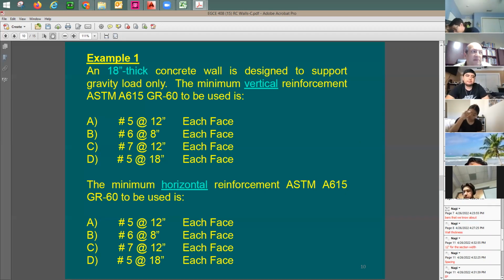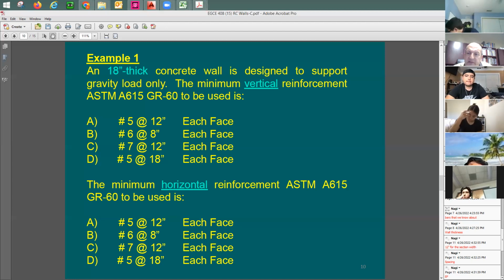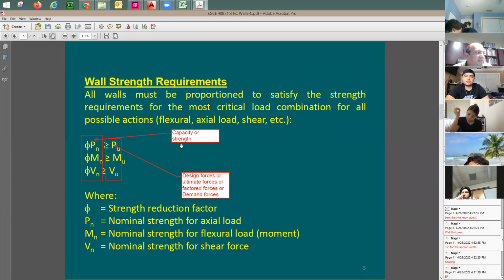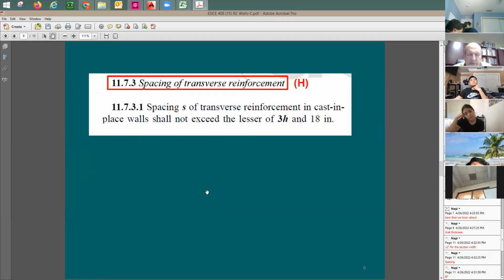But if I give you design loads, you need also to be sure that this reinforcing and the concrete provided, and the strength and the whole thing, is going to be more than the demand, satisfying this equation. But we didn't do it here in this example because there are no loads given. Any questions?